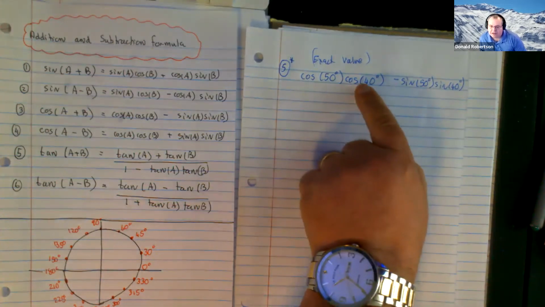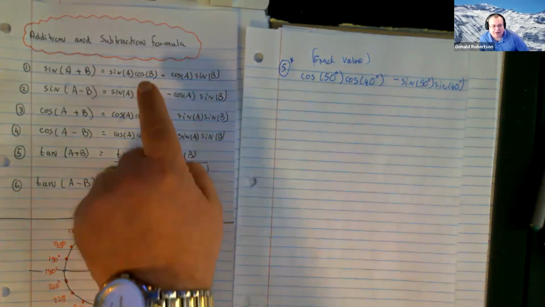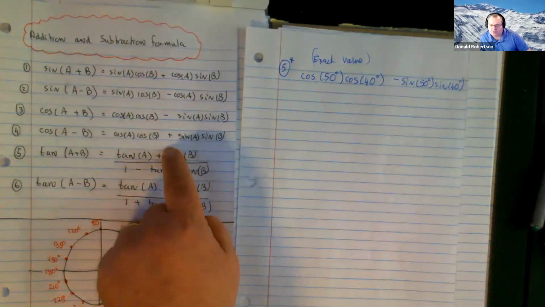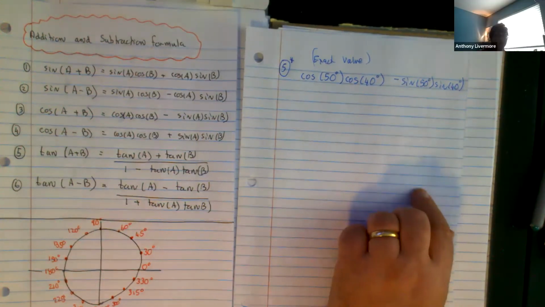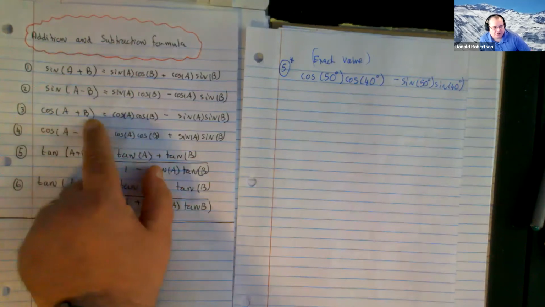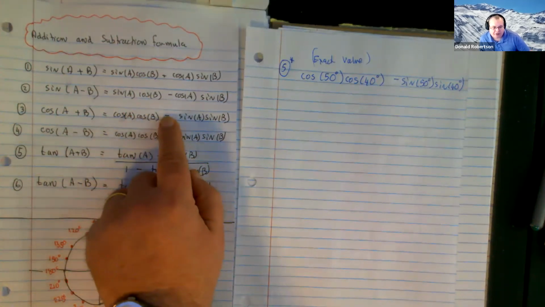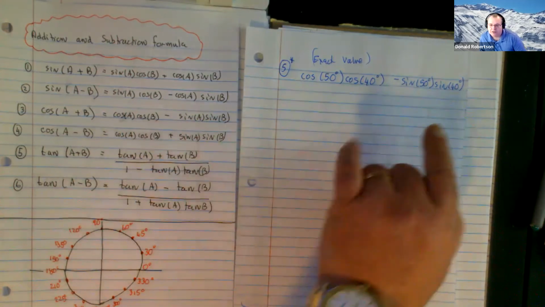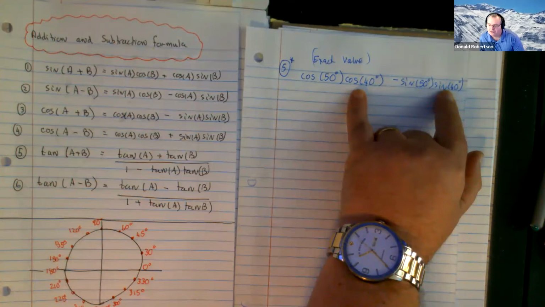If you look really carefully at this expression, doesn't it kind of look like one of these guys? Isn't it cosine A plus B? A cosine and a cosine, take away a sine and a sine. Don't they look like the A's, and wouldn't you agree they're the B's?